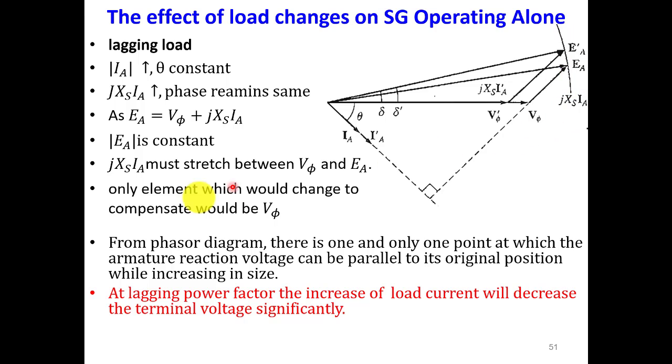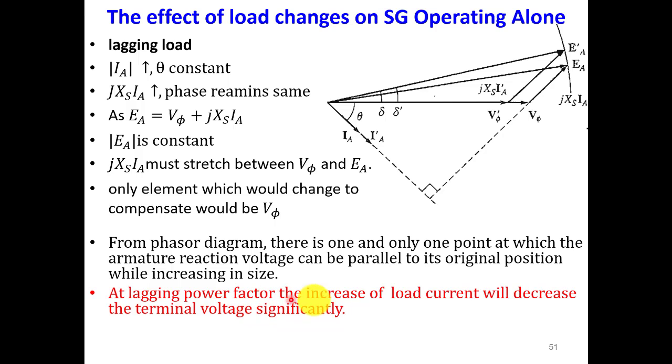This is the constant EA locus. So the only element which would change to compensate would be the phase voltage. Here we can see that the phase voltage is changing at the terminals. From the phasor diagram, there is only one point at which the armature reaction voltage can be parallel to its original position while increasing in size.